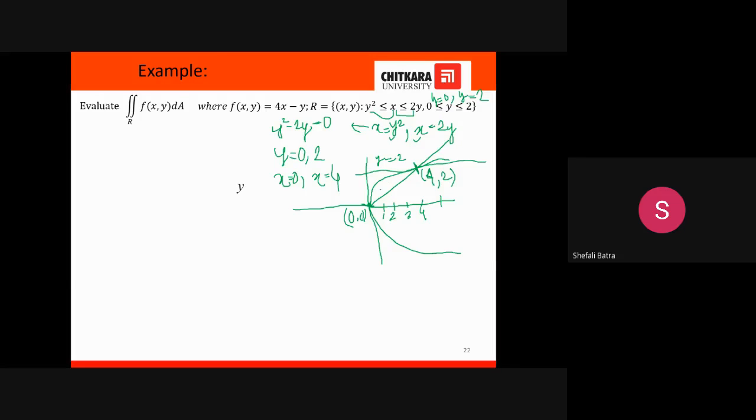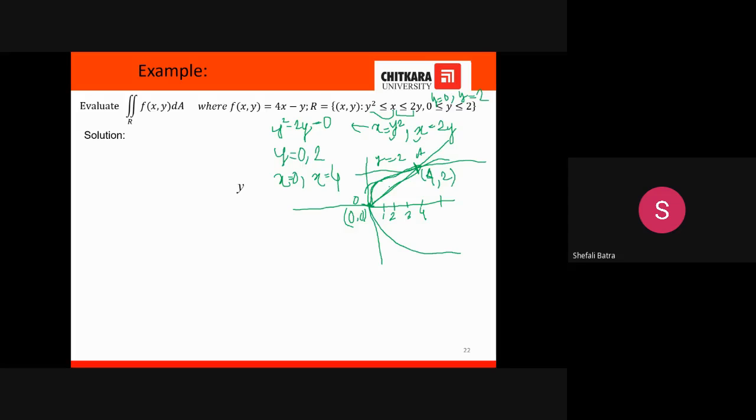Now, what is the region of integration here? This is your region of integration, O to A, and A to O.